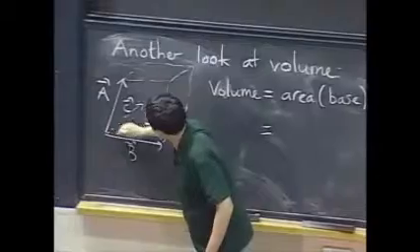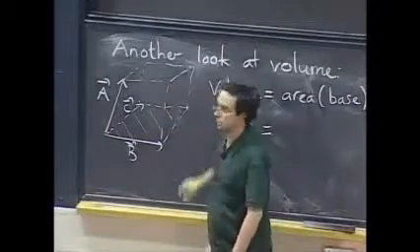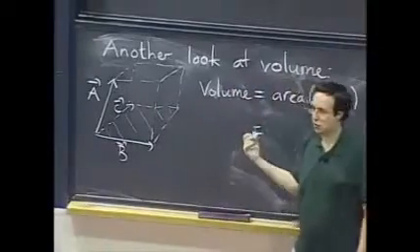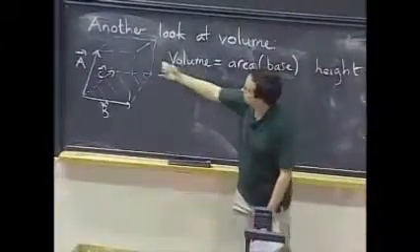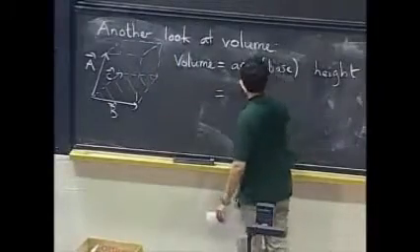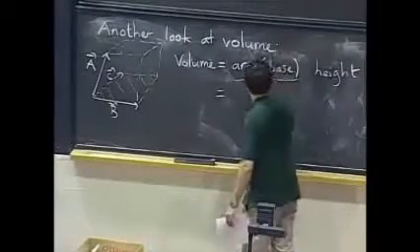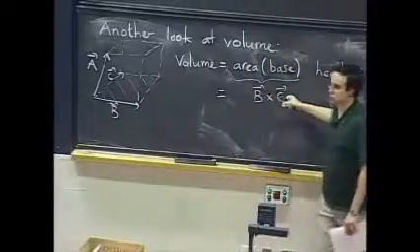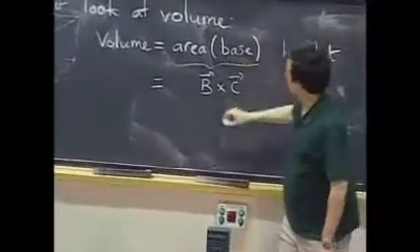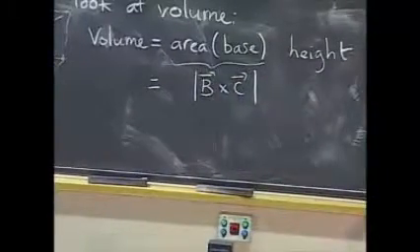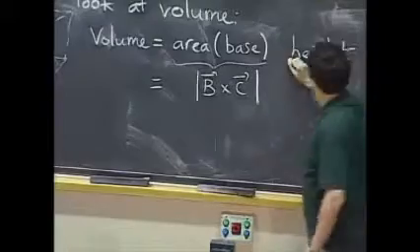The base is a parallelogram in space with sides B and C. How do we find the area of a parallelogram in space? Well, we just discovered that. We can do it by taking the cross product. So the area of a base, well, we take the cross product of B and C. That's not quite it, because this is a vector. We would like a number. Well, we take its length. That's pretty good.